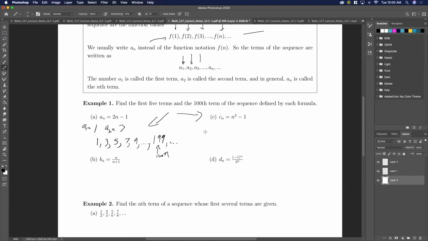So do me a favor in chat, for C here, write the first 5 and put a little dot and then do the 100th, right? Just crunch that out real quick for me.